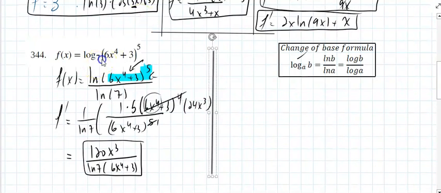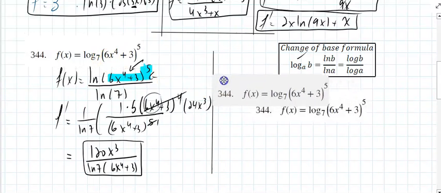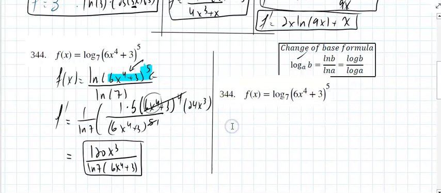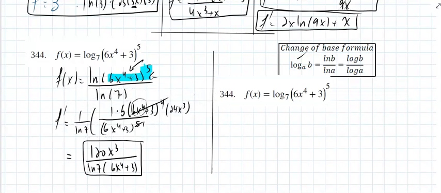I could have taken that problem and altered it slightly, not altered it really. I could have used properties of logs to simplify that a bit, and let me show you what that means.